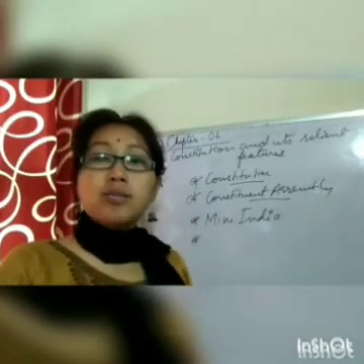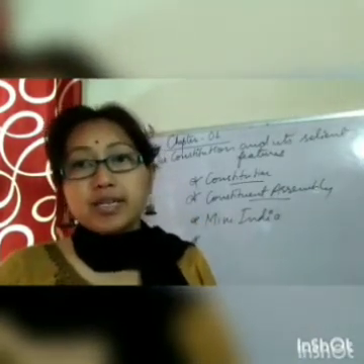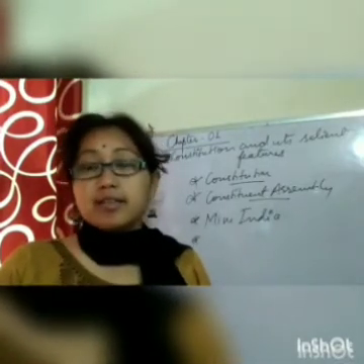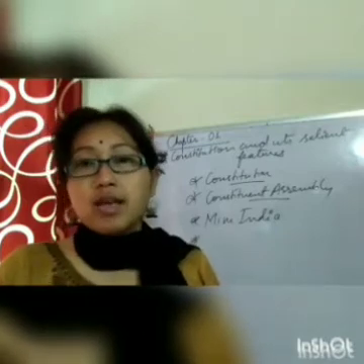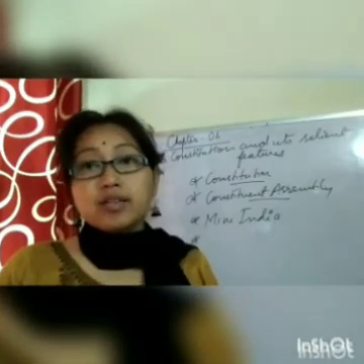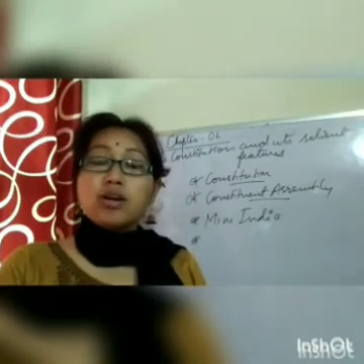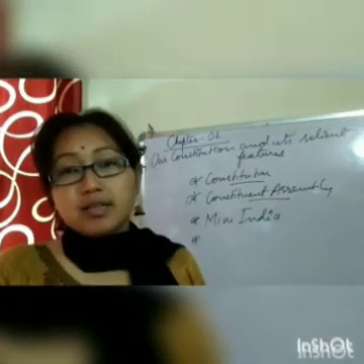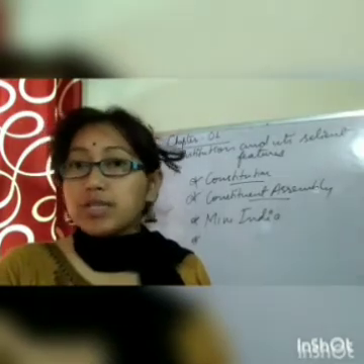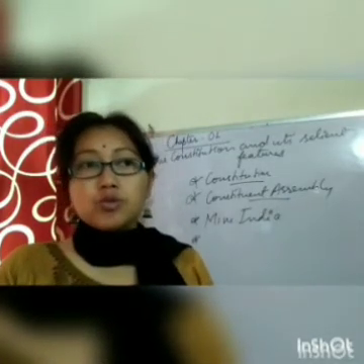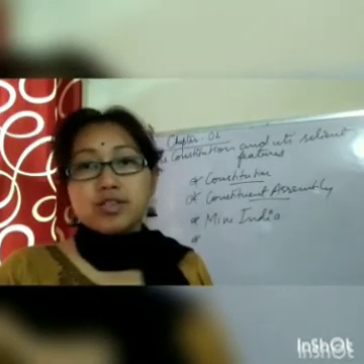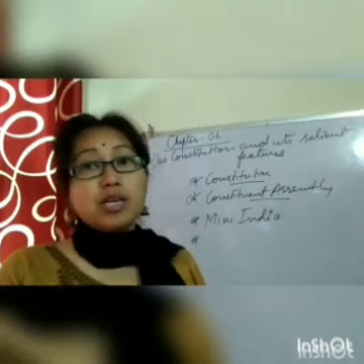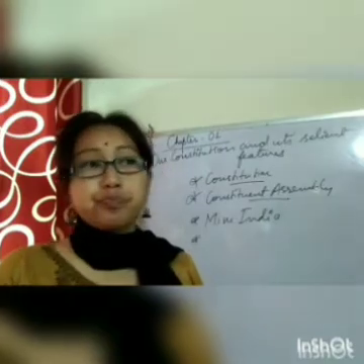Because all the major and minor communities, smaller communities, bigger communities, like the Sikhs, the Hindus, the Muslims, the Parsis, and Anglo-Indians, were all equally represented in the Constituent Assembly. Especially the poor sections, like the scheduled castes and the scheduled tribes, were equally represented there, right?